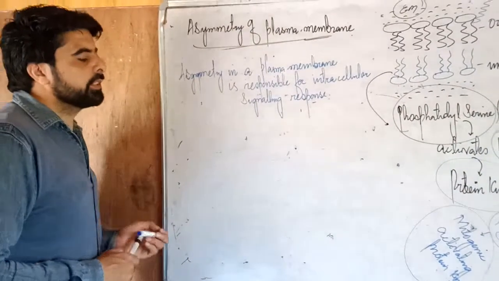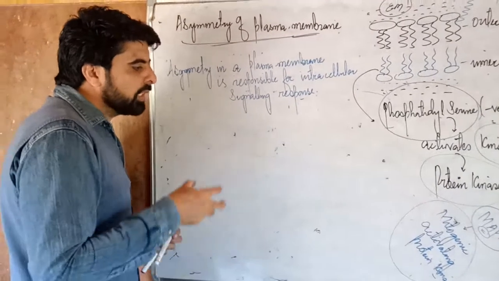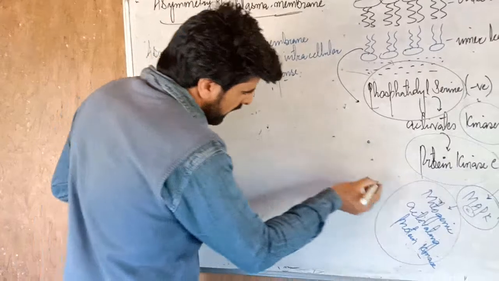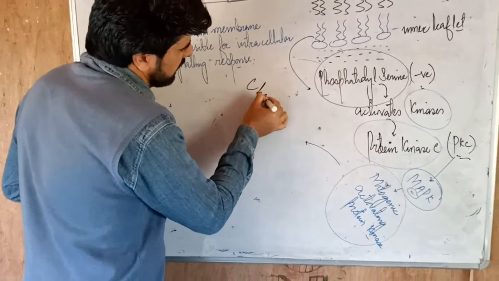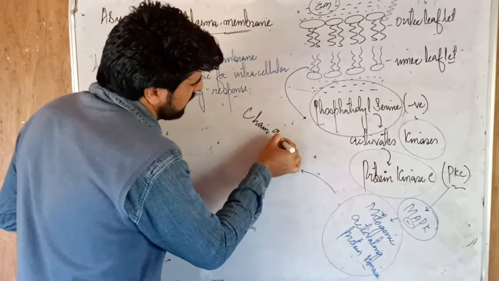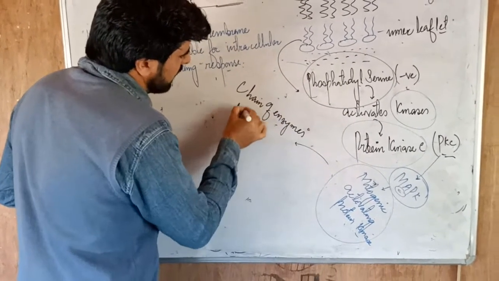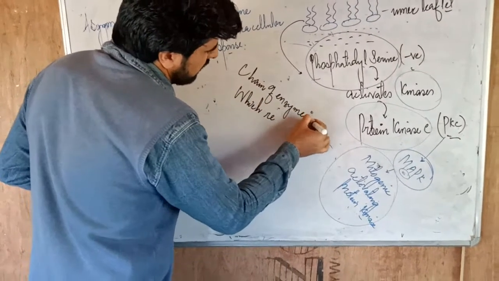If anybody asks you, we have to discuss it in a later chapter. But what does mitogen activated protein kinase actually consist of? It actually consists of a chain of enzymes, exactly a chain of enzymes, which receive the cell signal, present in the cytoplasm.